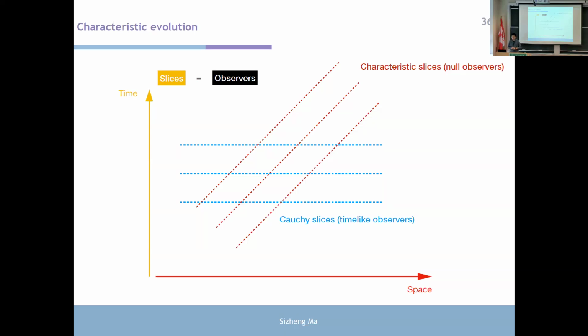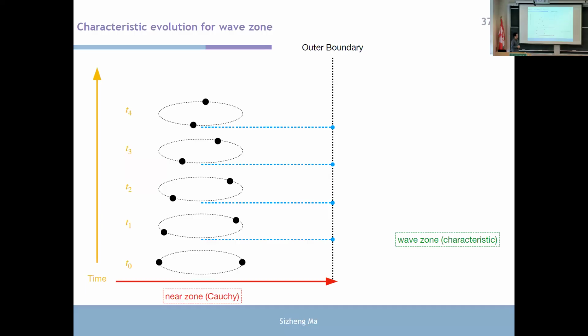As you can imagine, this is more suitable for radiation propagation. Those observers are organized by those null slices, and the simulation marches toward this direction. By using those null slices, one can rewrite Einstein's field equations using a bounded x coordinate system, which brings us to the so-called characteristic formulation, which we can use to handle the dynamics in the wave zone.